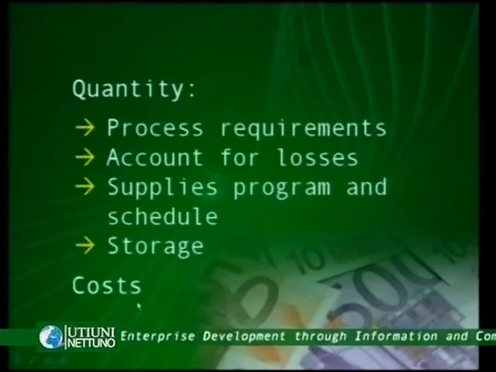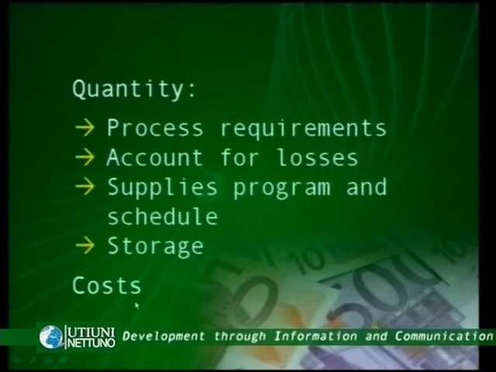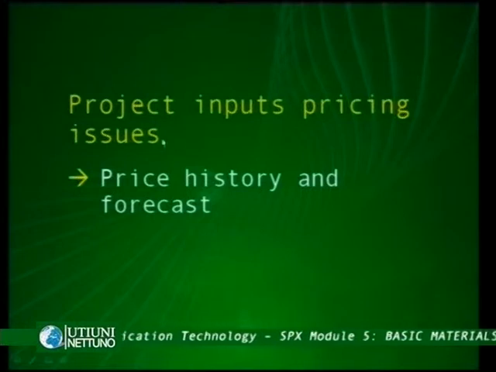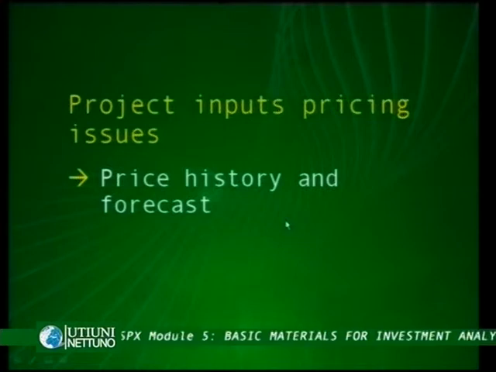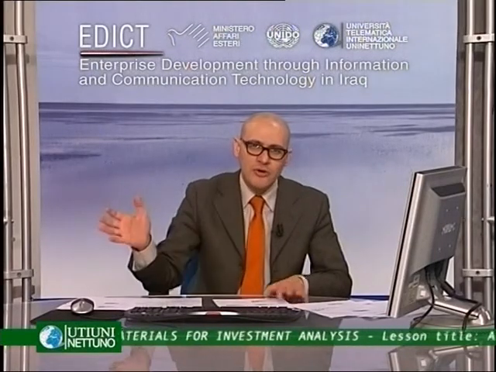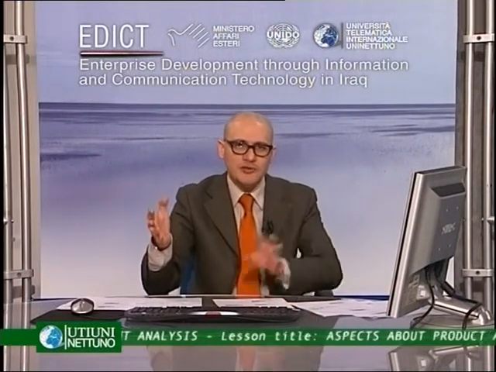So when it comes to cost, we have another sub-element to be taken in consideration, which is the project inputs and the pricing issues. So we might refer to the price history and forecast. So each industry has its own historical data, and considering the historical data and the general economic conditions in terms of fluctuation, we might be able to forecast the prices of raw materials.